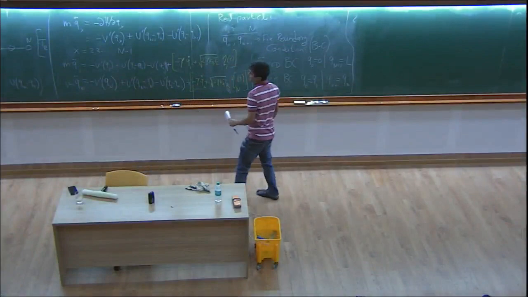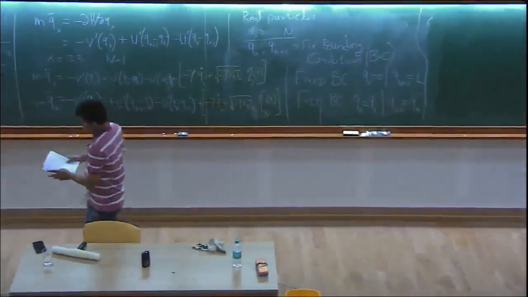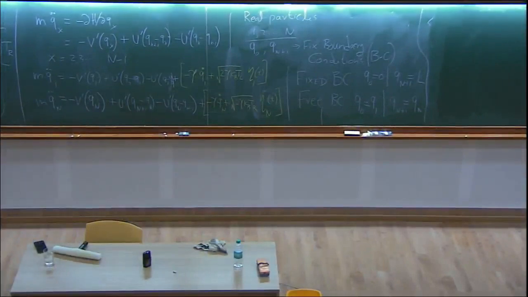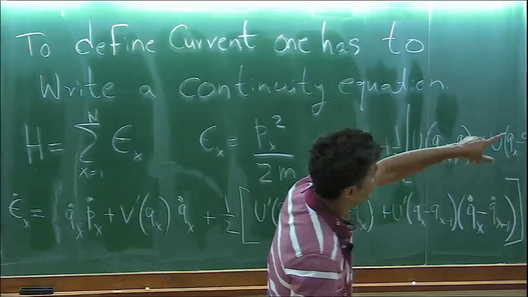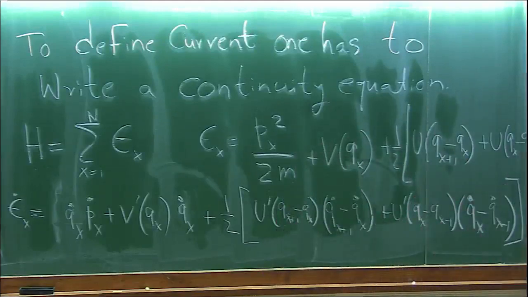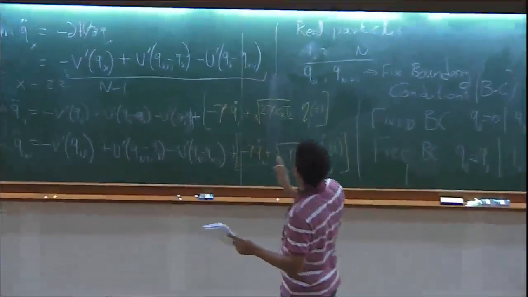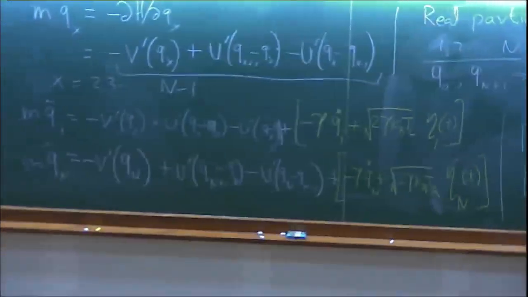Right? So if you just put px dot equal to this quantity, so just plug in px dot in that equation and do some cancellations and all.